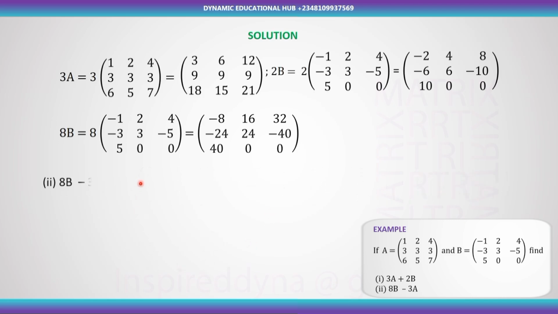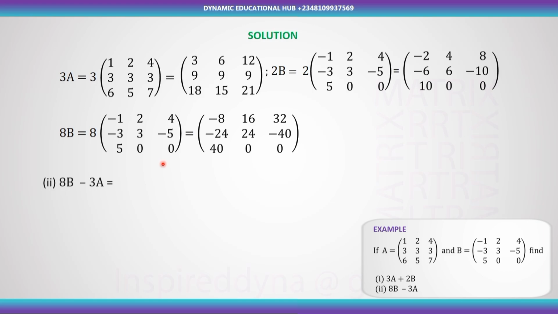Second question, 8B minus 3A. You have our 8B here, and 3A here. So you are subtracting them. This is 8B here, we have done that, and this is our 3A. Here's the value of our 3A. Now let's subtract them.